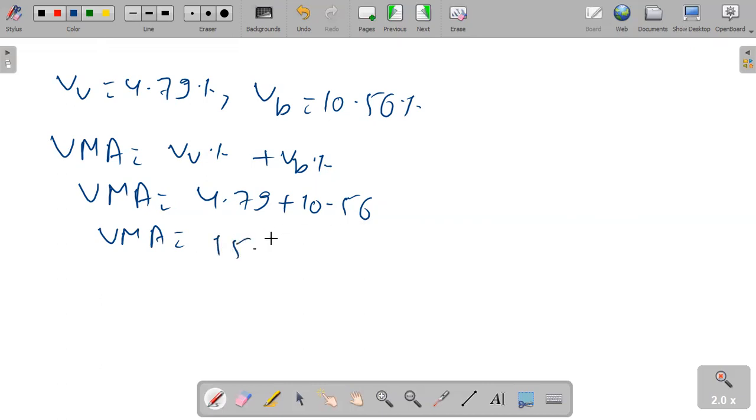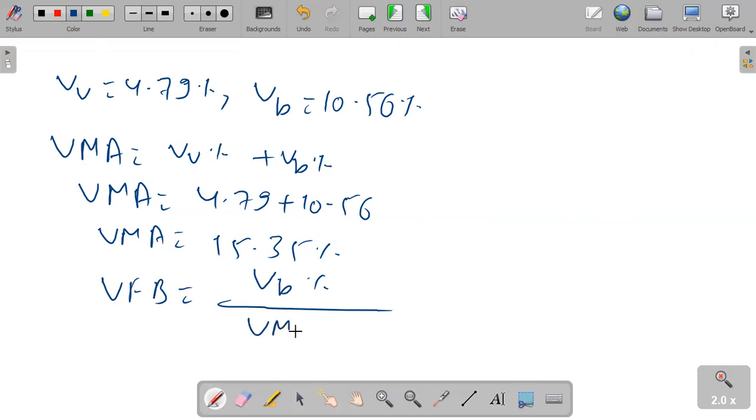15 point something 35%, and VFB we can easily calculate. VFB is VB percent upon VMA percent. So VFB is equal to 10.56 upon 15.35.